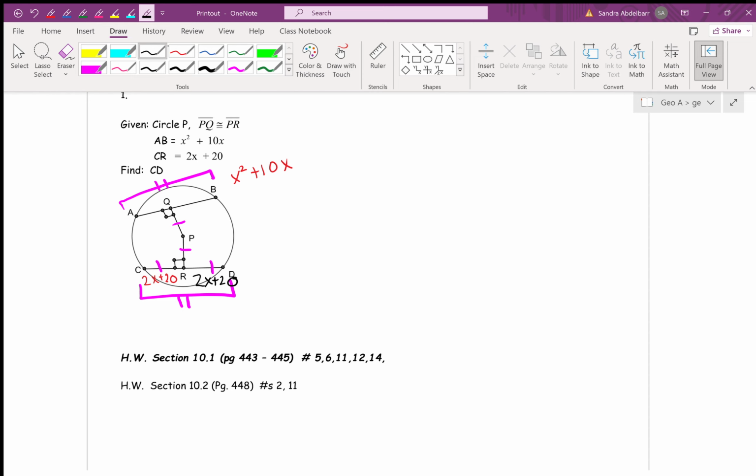So now we know AB is congruent to CD. So what does that mean? X squared plus 10x is equal to what? Jeff, what is it equal to?